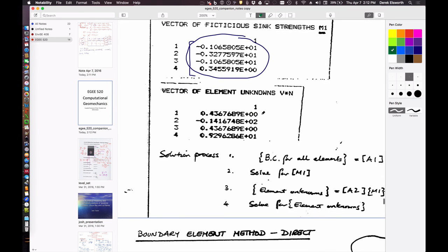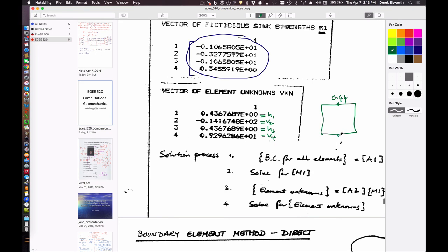So this is equal to the head at node 1. This is the velocity at 2. This is the head at 3. And this is the velocity at 4. And if you draw those on to say exactly what they should be, then the head at this point is equal to 0.44.